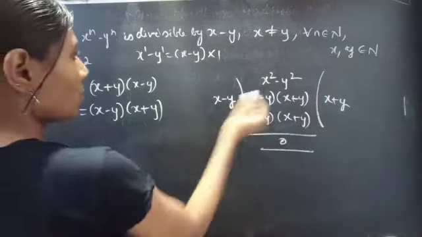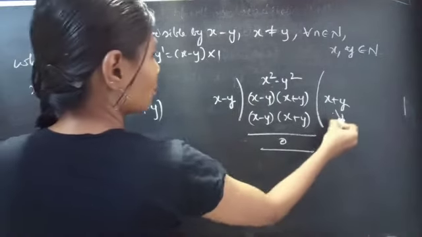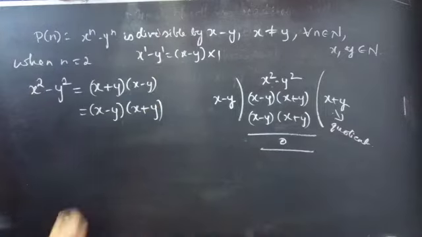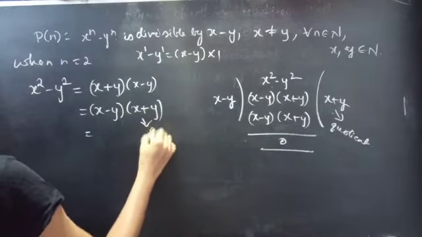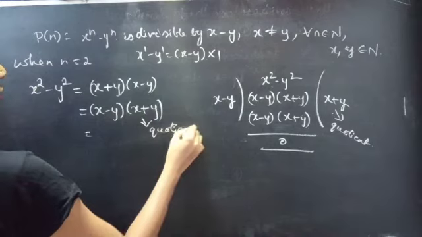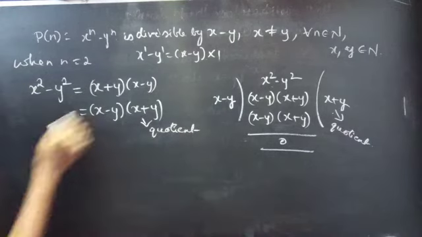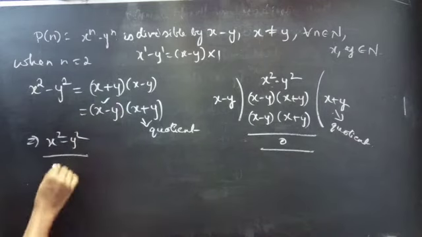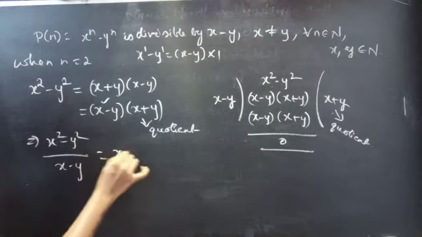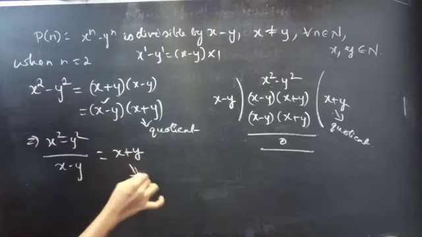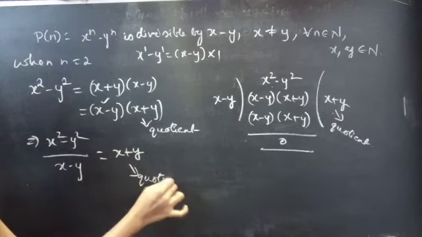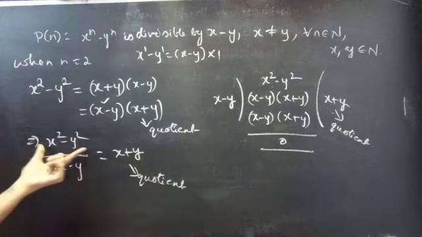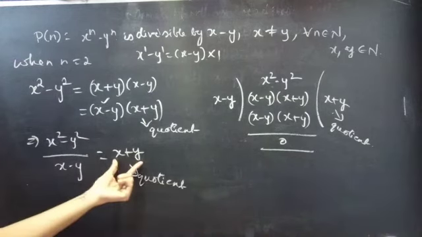This is the divisor, dividend and quotient. So again from this, take this to LHS, you'll get x square minus y square by x minus y equals to x plus y, which is our quotient, right? Dividend by divisor equals to quotient.